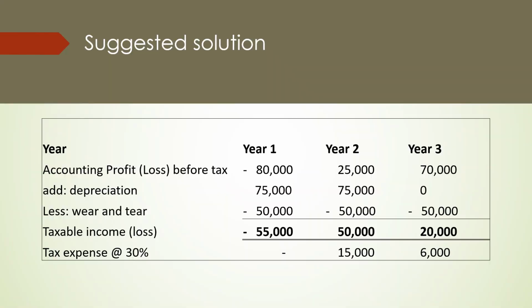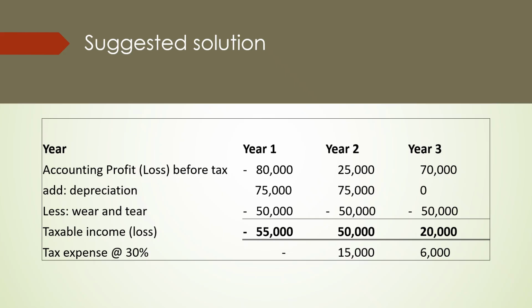In year 3, we start with our accounting profit before tax of 70,000. Our vehicle has been fully depreciated, so there's no depreciation to add back. We subtract our wear and tear allowance of 50,000, and then we have a taxable income of 20,000. The tax expense will be 30% of that, and that amounts to 6,000.